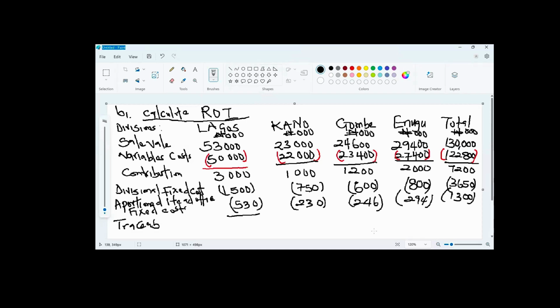Traceable profit is contribution minus the two costs: 3,000 minus 1,500 minus 530 gives 970. Next, 20. Next, 354. Next, 906. For the company as a whole, the profit is 2,250. You have gotten your profit traceable to the division.